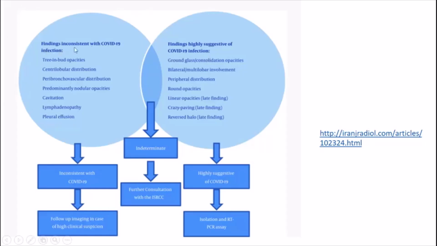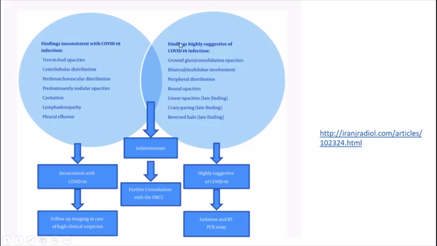This template has been provided to all radiologists in Iran, and they follow these guidelines. So there are findings inconsistent with COVID-19 infection, such as tree-in-bud opacities, centrilobular distribution, peribronchovascular distribution, predominantly nodular opacities, cavitations, lymphadenopathies, pleural effusion. All of these are inconsistent with COVID-19.